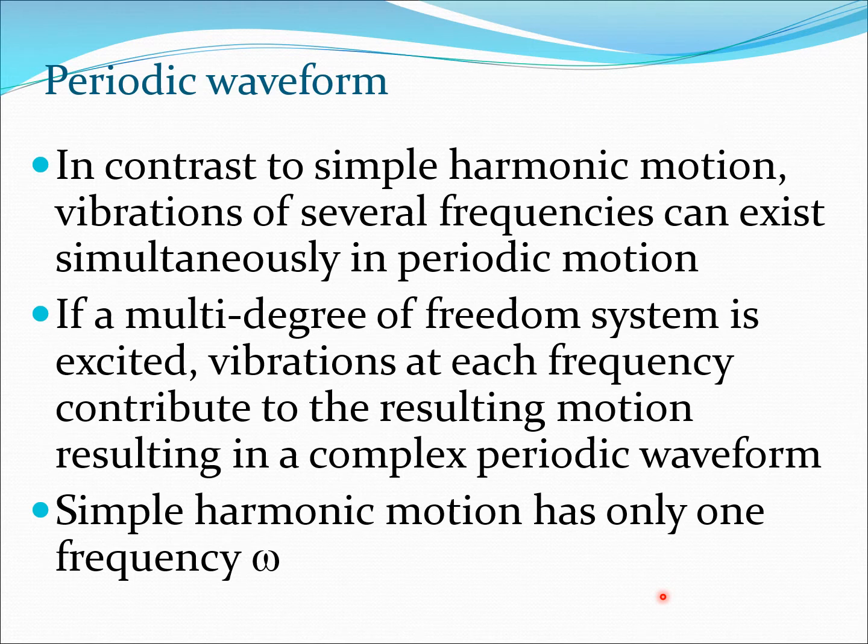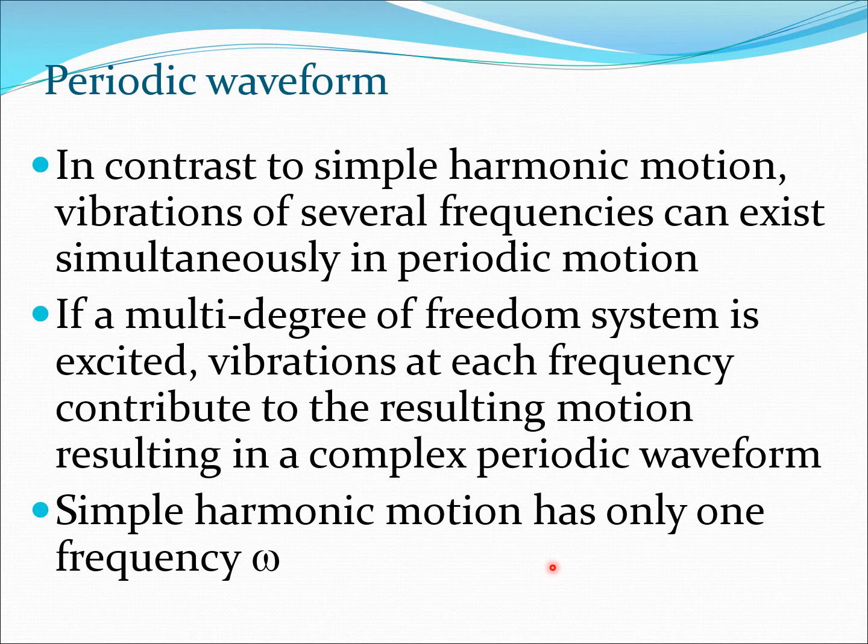Now the difference between periodic motion and typical simple harmonic motion is that several frequencies will be there, or vibration of several frequencies are simultaneously present in periodic motion. So essentially periodic motion has several frequencies in its vibration, which we saw in the previous slide.